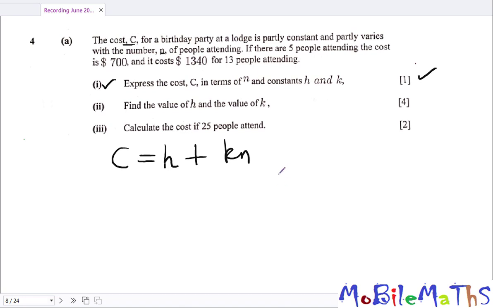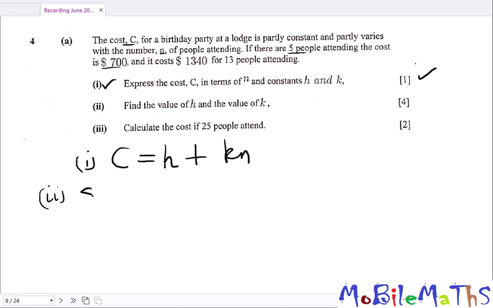That's basically how we generate that. So we already have our mark there. Then the next question, item 2, is saying find the value of h. Now we generate equations. So the first thing, we are given n as 5 there. And then we are given cost is 700.